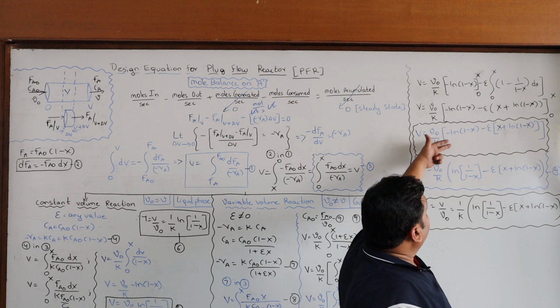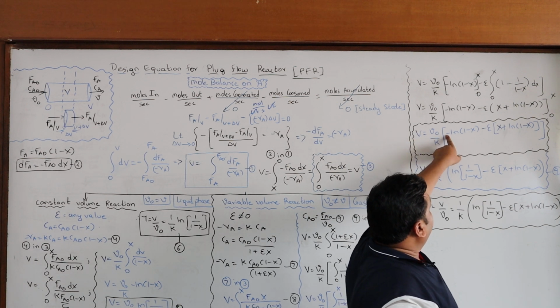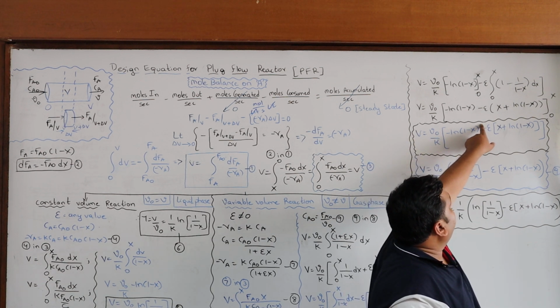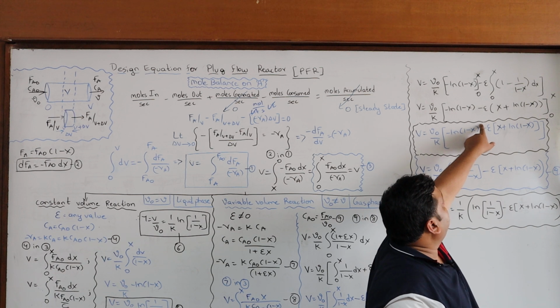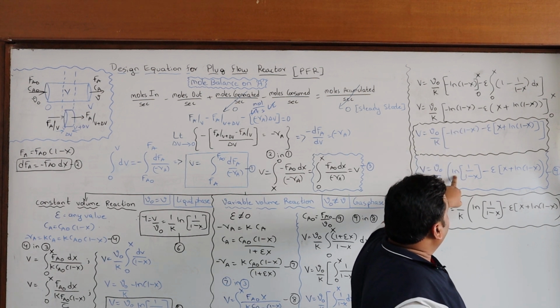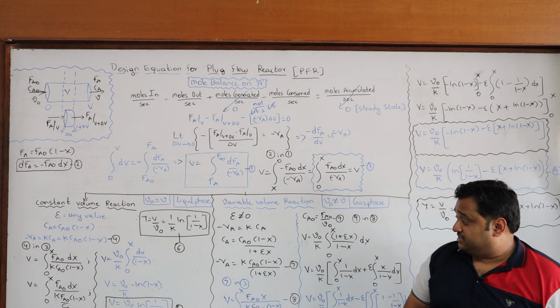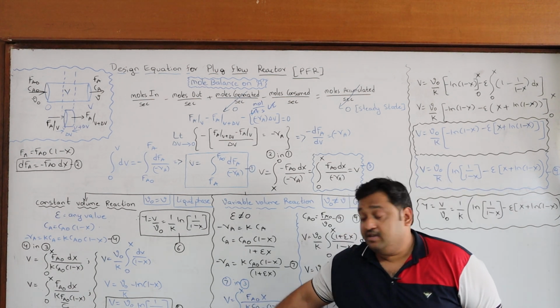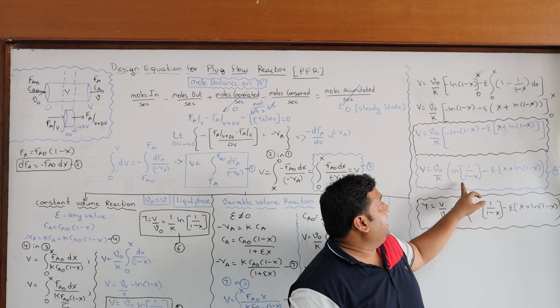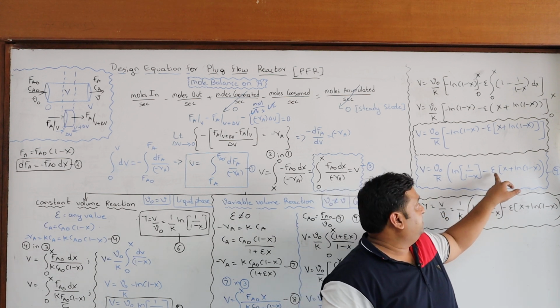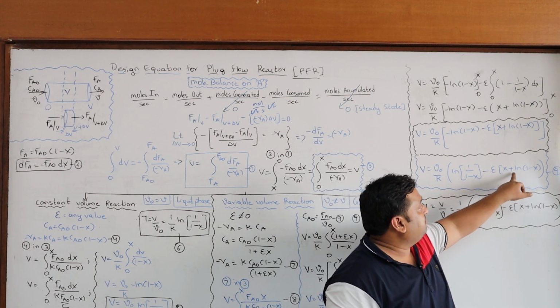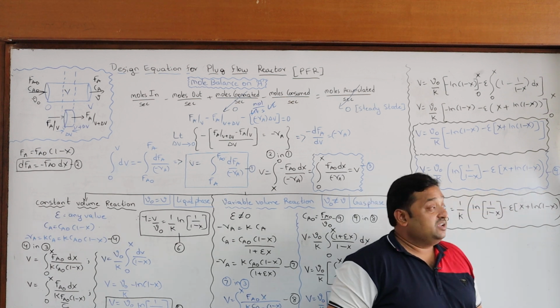Now, if you take this minus inside the ln(1 minus x) term, that will become ln 1 by (1 minus x). You can see here, it is the same term. Here also you get the same term. In addition to this term, you get this one minus epsilon into x plus ln(1 minus x).